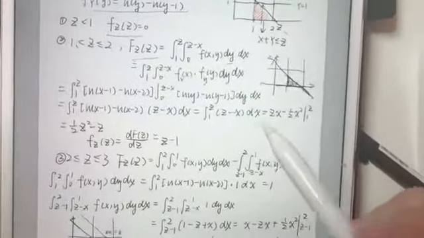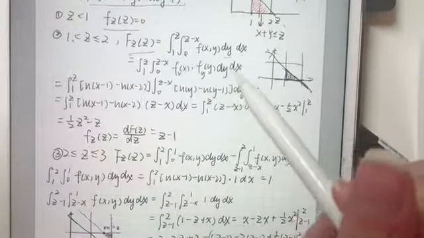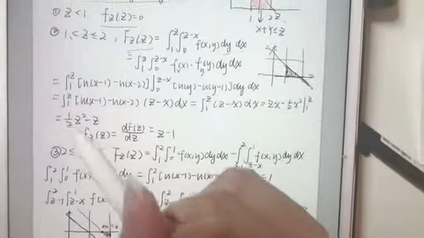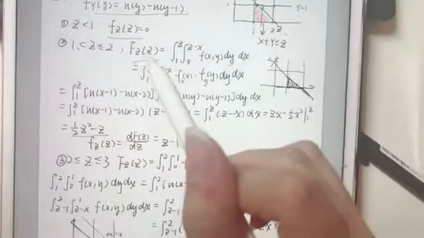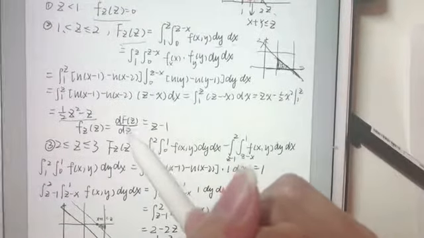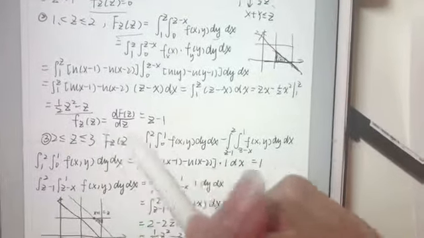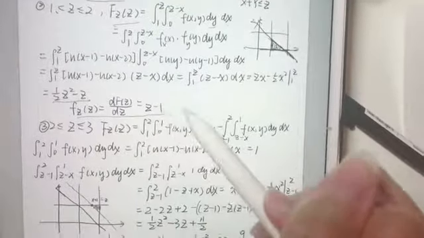Calculating the integral, we get the expression of the large PDF of z, and then differentiating the large Fz, we get the small PDF of z, which is z minus 1.